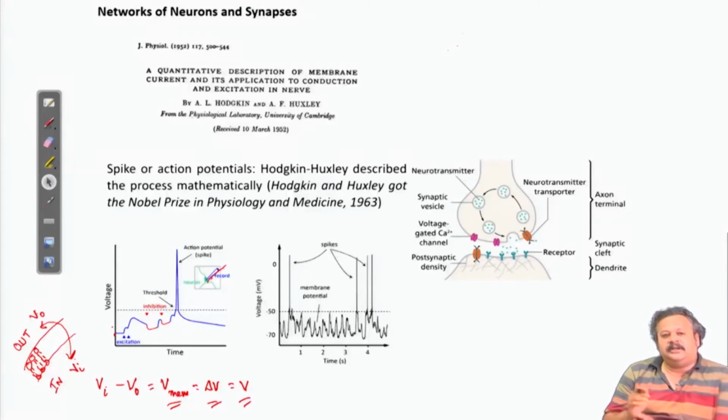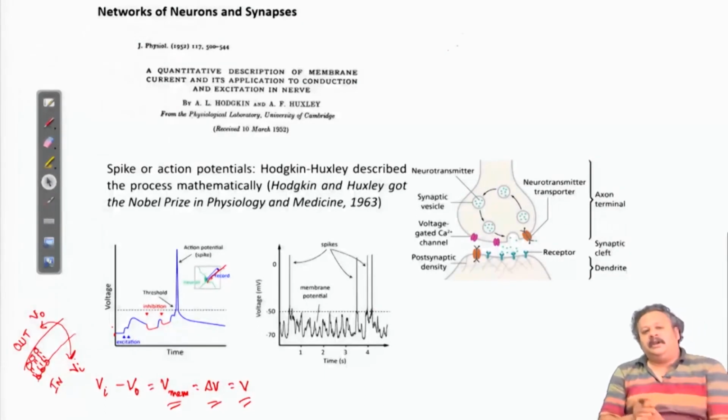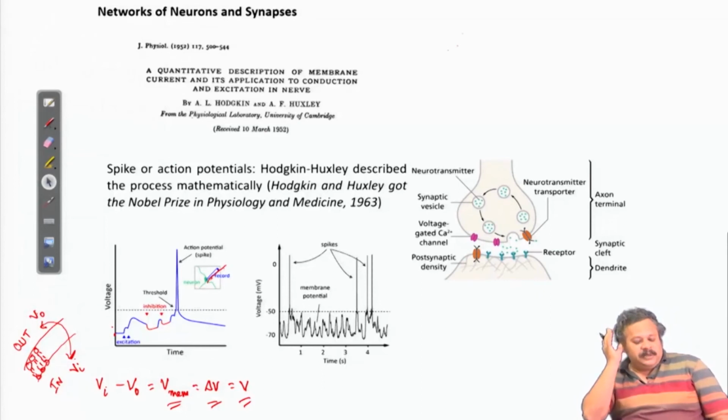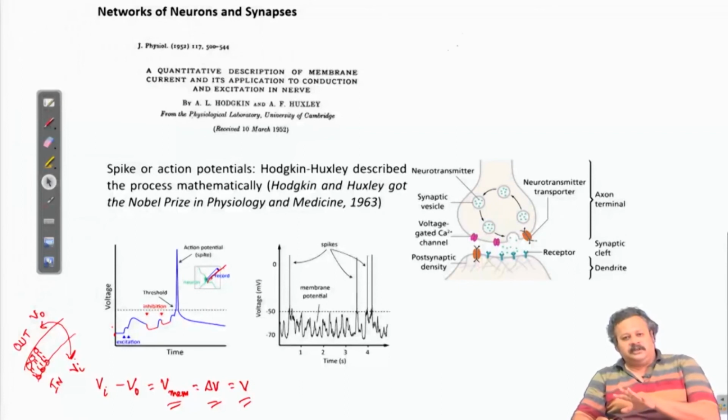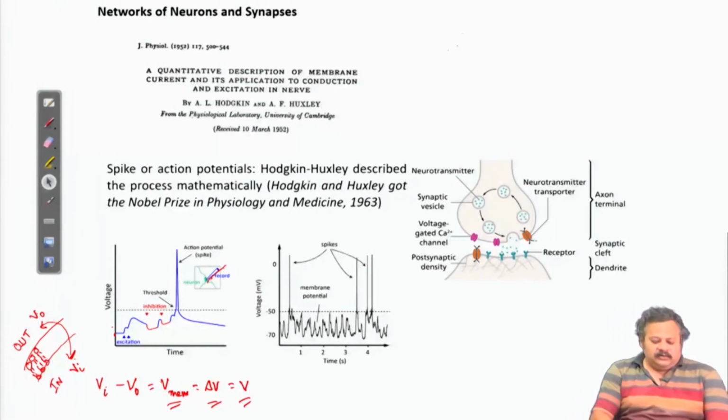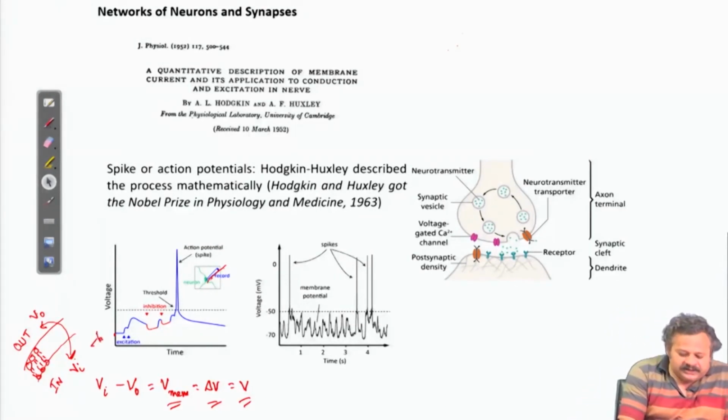the membrane potential stays at rest. That is, when there is no activity, when it is simply stationary and there are no perturbations onto the neuron, then the membrane potential stays constant based on the equilibrium of the different ions, and that turns out to be around minus 60 to minus 70 millivolts.